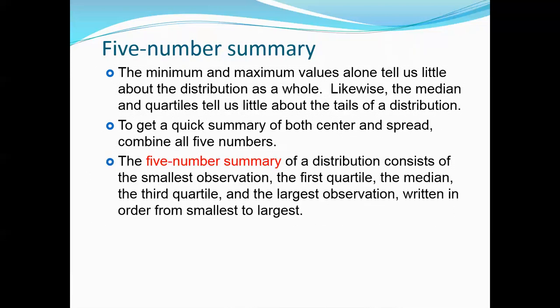The 5-number summary of a distribution consists of the smallest observation, the first quartile, the median, the third quartile, and the largest observation, written in order from smallest to largest: min, Q1, M for median, Q3, and max.